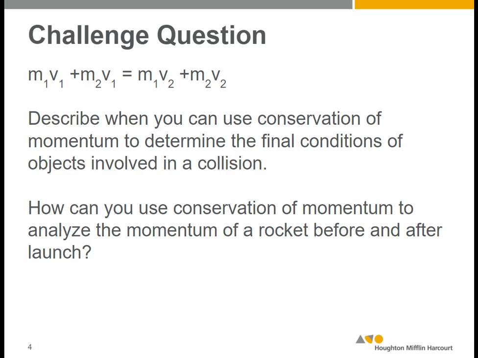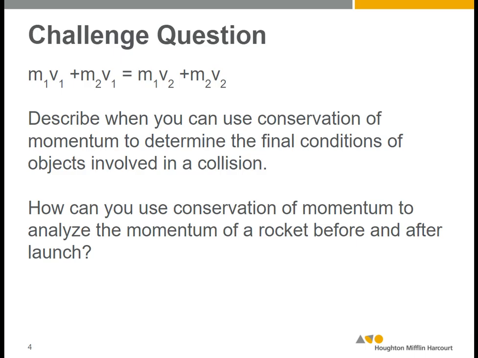The momentum of the first object before the interaction plus the momentum of the second object before the interaction is equal to the total momentum after the interaction. m1 v2 is the momentum of the first object after the interaction or collision, and m2 v2 is the momentum of the second object after the interaction or collision. So the total momentum before the interaction is equal to the total momentum after the interaction.